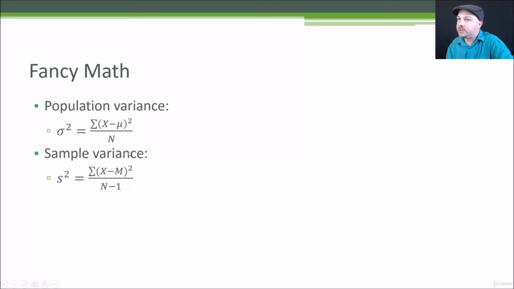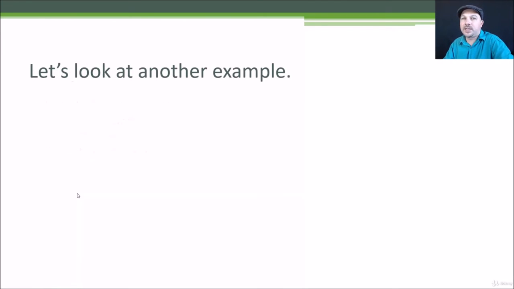Sample variance, similarly, is designated as s squared, and that is the summation of each data point minus the mean m of the sample set, squared, over n minus 1. So you subtract 1 from the number of samples that you have. That's all there is to it. So let's look at some real examples and write some Python code to make this happen.